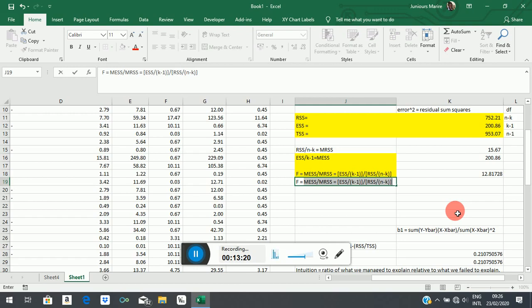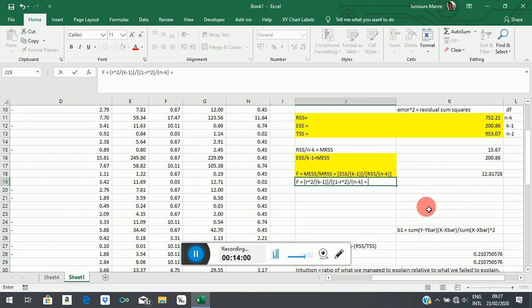So this is equal to what the model managed to explain, which is measured by our R squared, the proportion that our model can explain, over the respective degrees of freedom K minus 1, divided by what our model failed to explain over the degrees of freedom N minus K. Okay, you will have a formula like this in your booklet.